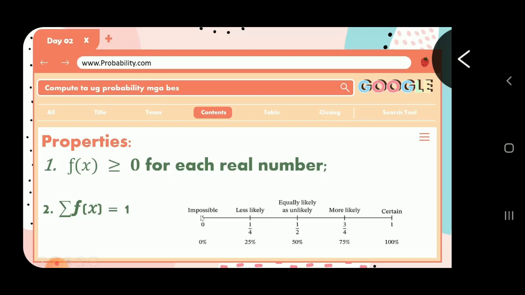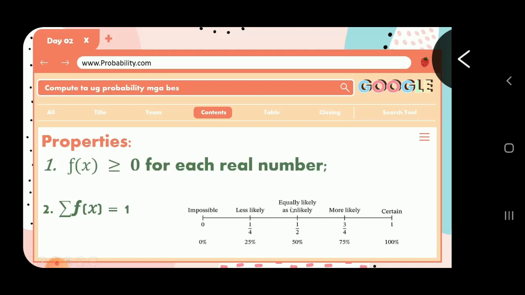Like 1/4, that is 0.25. The decimal of 1/4 is 0.25. Its percentage is 25%. And also 1/2, you can answer 1/2.